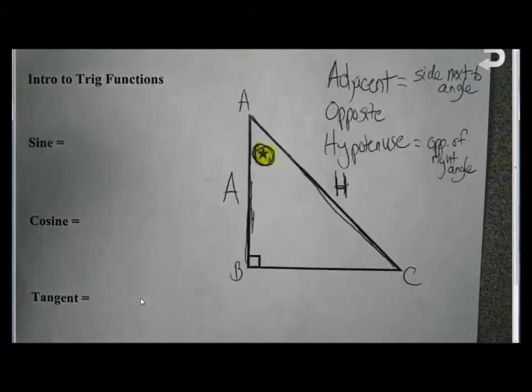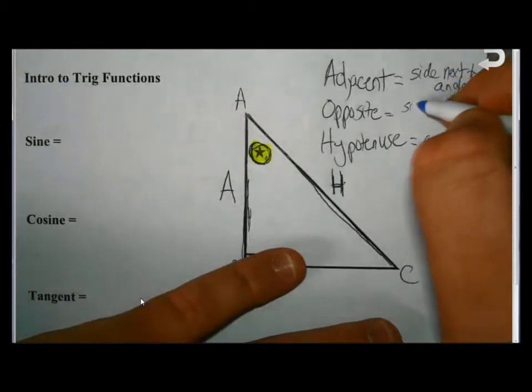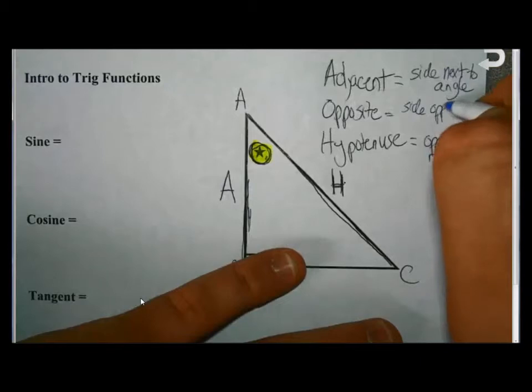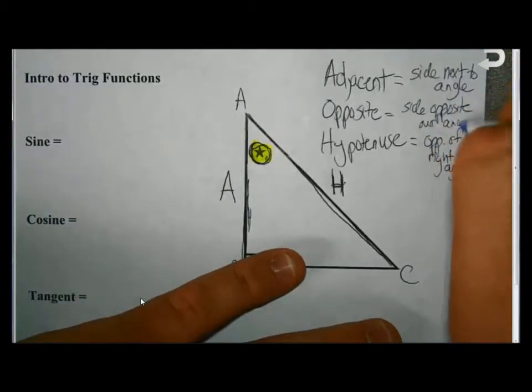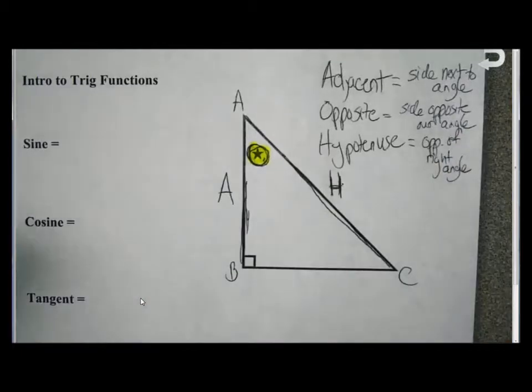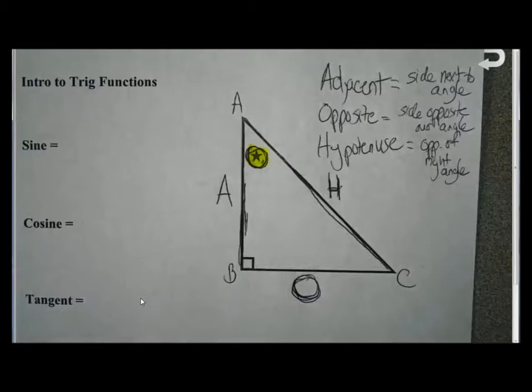Okay. And then opposite obviously means the side opposite our angle. Opposite what? Opposite our angle, whatever angle we're using.